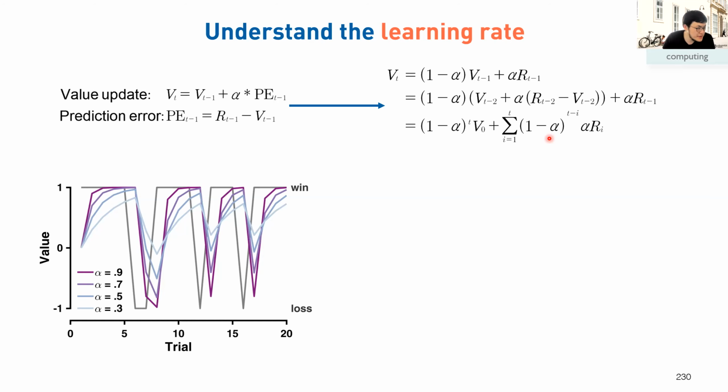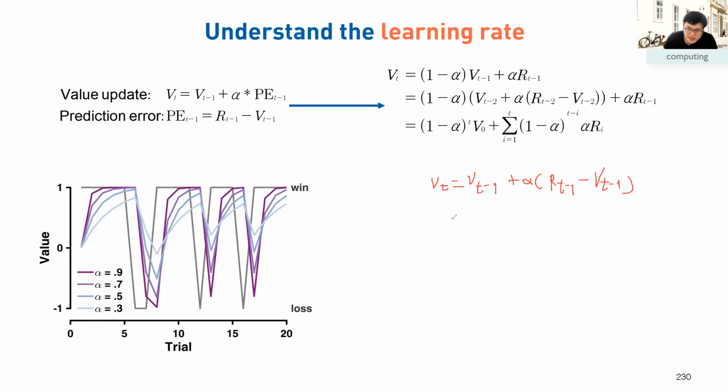So what does that mean? Let's say we have V of t equals V of t minus 1 plus the learning rate times the reward at t minus 1 minus the V. Good. So what can we do now?